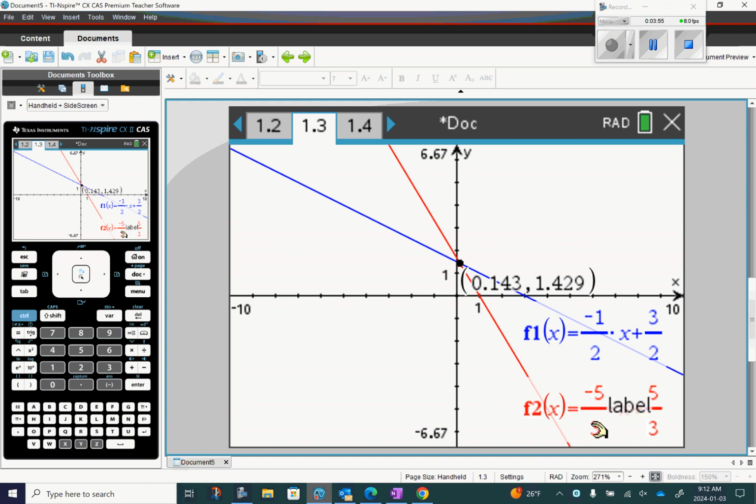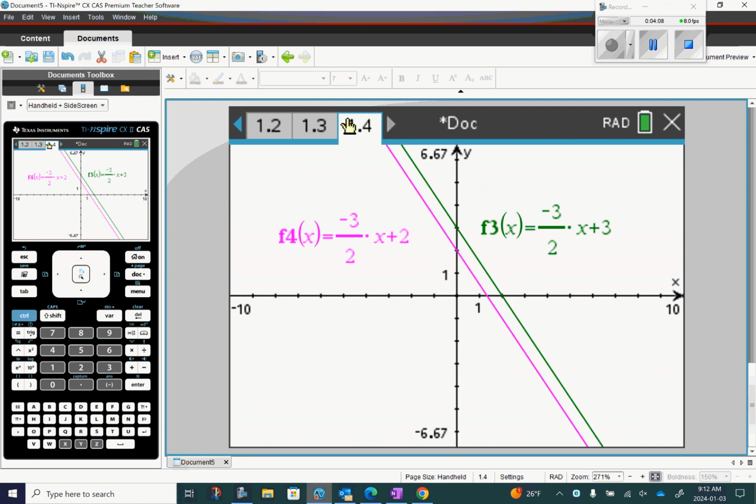Both of them were negative, so left to right, it looks like we're going downhill. But because the slopes are different, eventually they're going to cross somewhere. In this case, the slopes are both negative, but the slopes are the same. They're both negative 3/2.